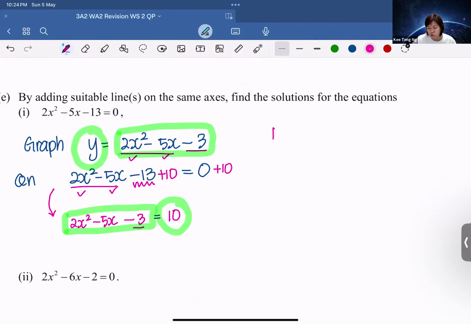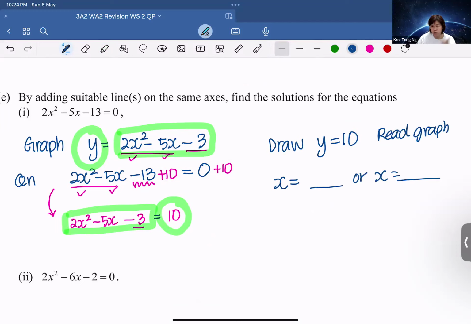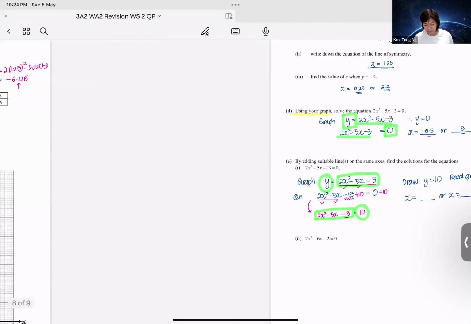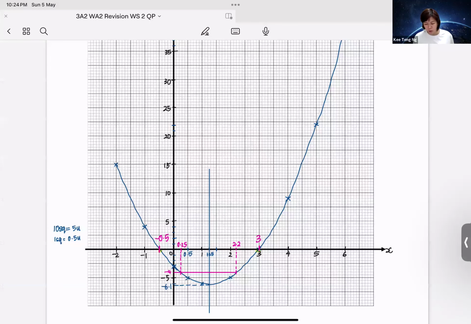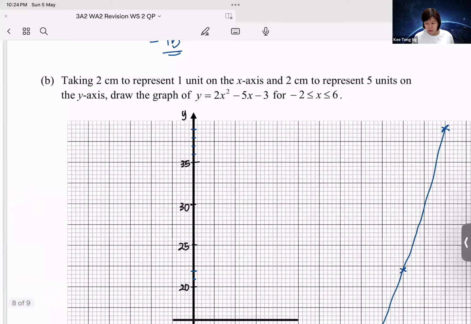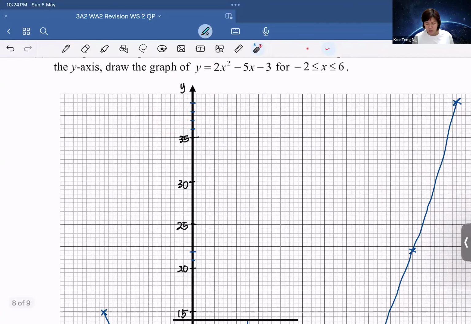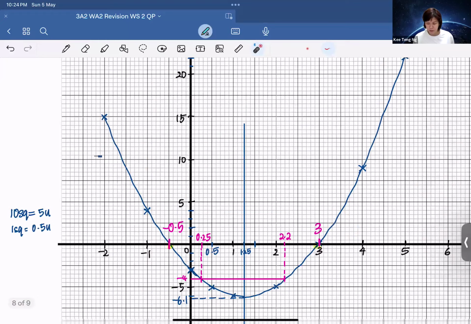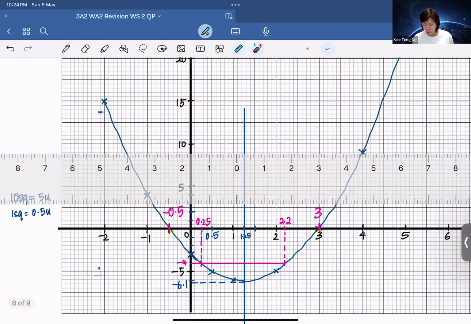So I'm going to draw the line y equals 10. Then I read the graph and look for the points of intersection. Most likely quadratic, we should have two results. So y equals 10. Let's look for the y-axis. So this is my y-axis. Y equals 10 over here. Let me go on the slide. Y equals 10.